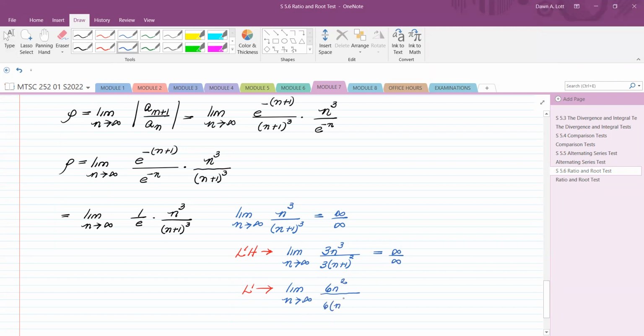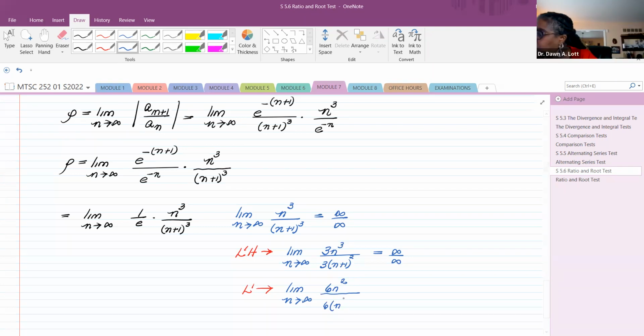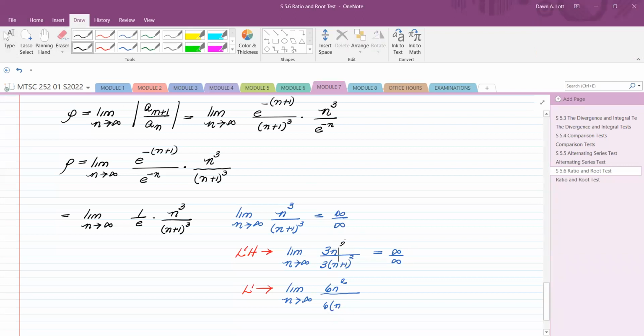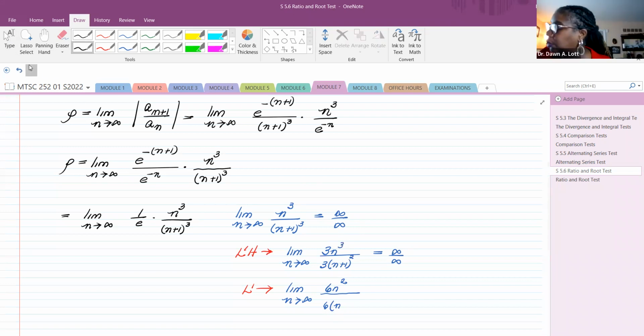Shouldn't it be 6n since it's 3n squared? Wait a minute. This should be 3n squared. And the other one should be 6n. Yeah, thank you. I looked at it wrong. This should be 3n squared, and this should just be 6n over 6n plus 1.